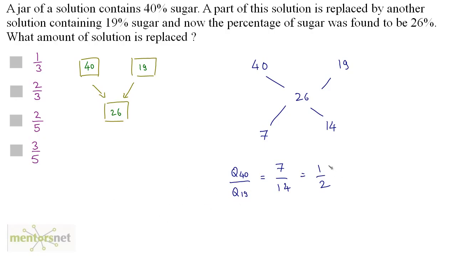Well, we have overall 3 parts, and out of that 2 parts are of the 19% sugar solution, right? So the quantity of the 19% sugar solution is equal to 2 parts out of 3 parts, right? And this much amount of solution is replaced. So option C is the correct answer.